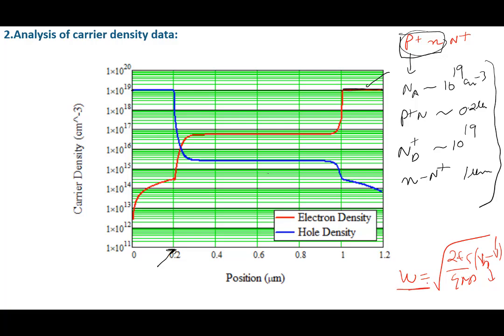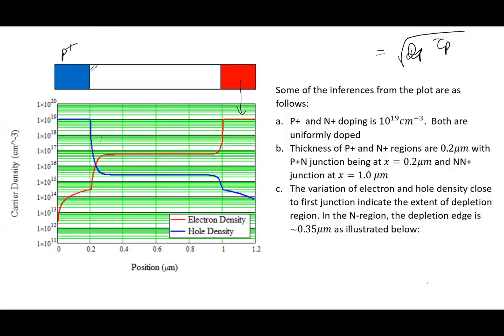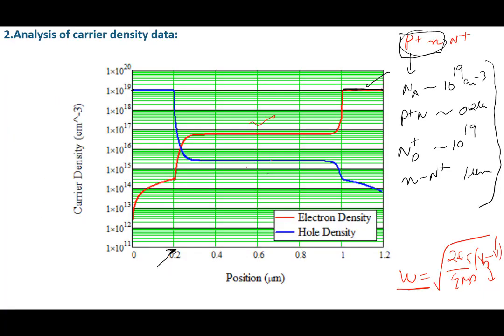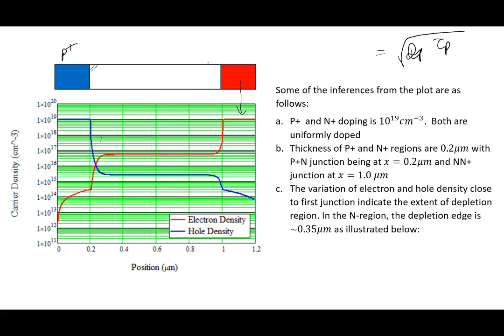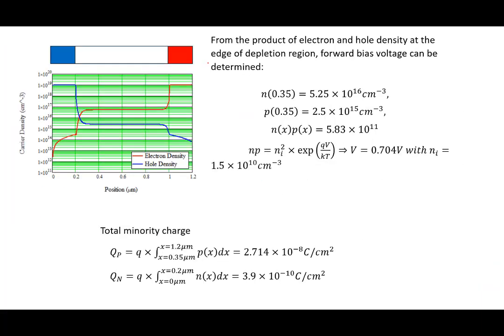But a more direct way is that note that you're given N and P, and right here, this is the edge of the depletion width. So at the edge of the depletion width, you know N and you know P. What is the product of the two equal to? I'm taking 0.35 as the edge of the depletion width.